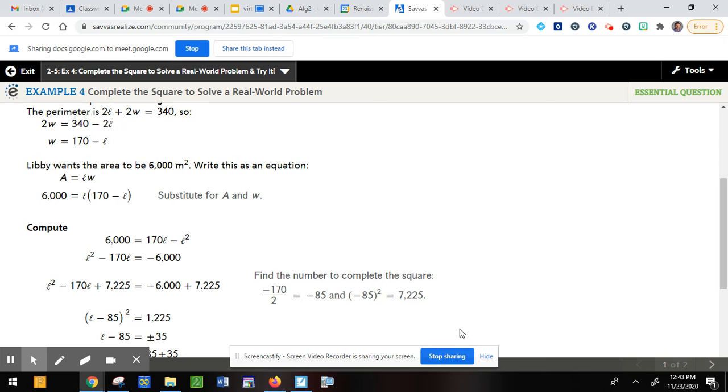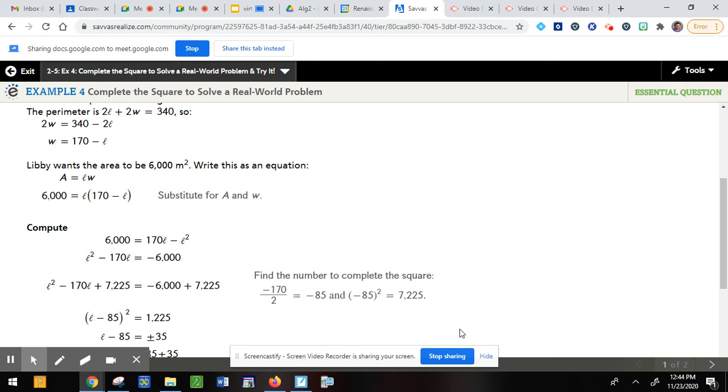If you distribute the L in, you get L squared minus 170L is equal to negative 600. And it's negative because we basically just multiplied everything by -1 there, right? Once you distribute it in, you've got 170L minus L squared. If you multiply by -1, you want the L squared to be positive, essentially. So then everything else becomes negative.